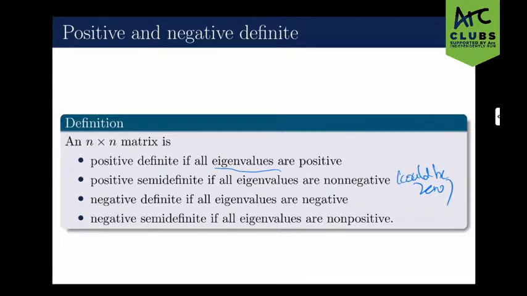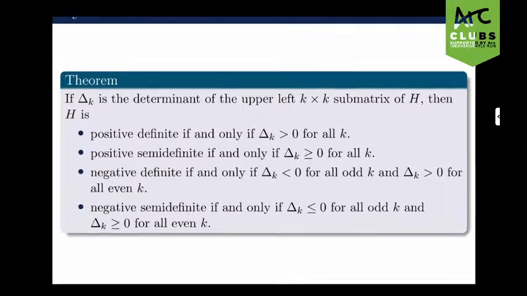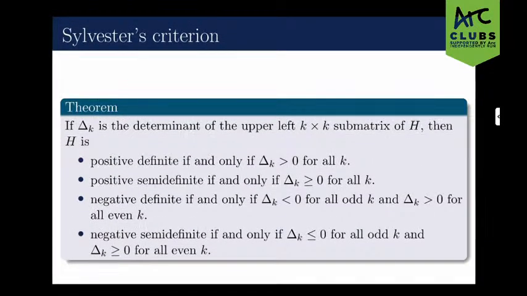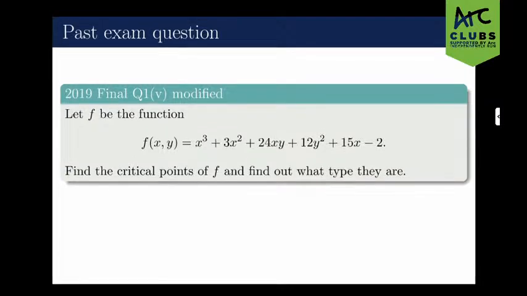And the same for negative semi-definite. I guess there's one of the ways for finding whether it is positive or semi-definite. I personally don't really like these definitions of this theorem, so I'll just skip it. I prefer using eigenvalues.